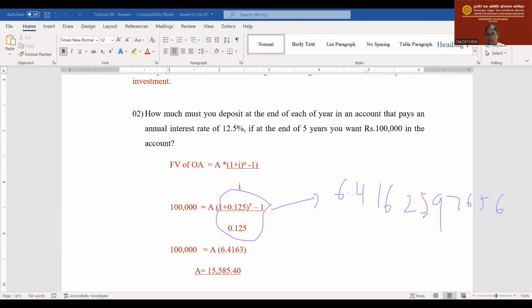Instead, you can take 3 decimal places or 4 decimal places. If we take only 4 decimal places, you can see after 2, 5 is there. If it is 5 or higher, we normally add 1 to the value before it, because it is the rounding norm. Here 5 is there, so we add 1 to here. Therefore, 6.4163 is the approximate value for this part.